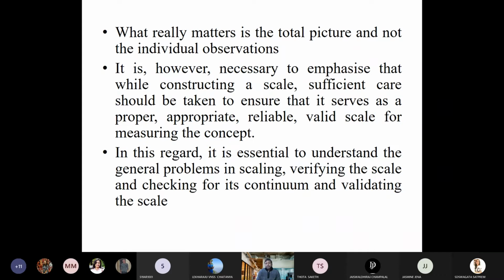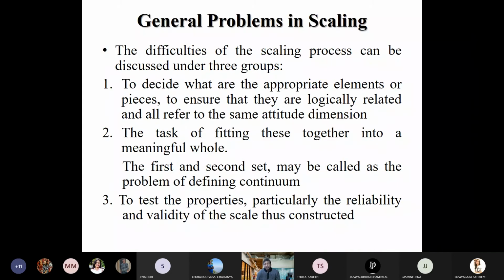General problem in scaling. What exactly are the general problems we find while using scaling techniques? The difficulties of the scaling process can be discussed under three groups.